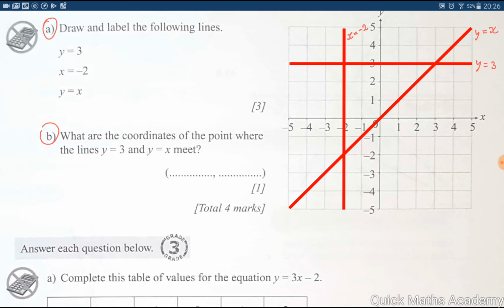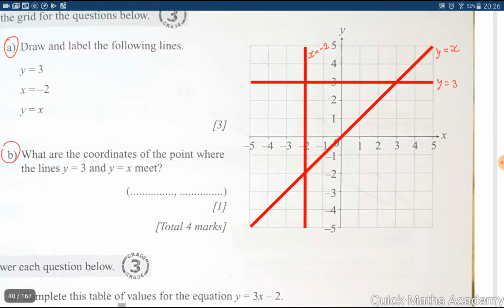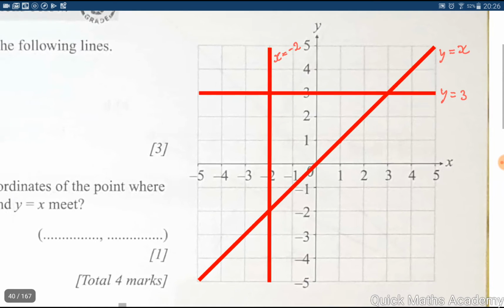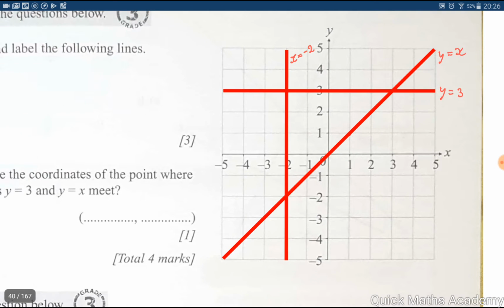Now we are going for the B. What are the coordinates of the point where the lines y equals 3 and y equals x meet? Okay, where do they meet? So we want the intersection point between y equals x and y equals 3.